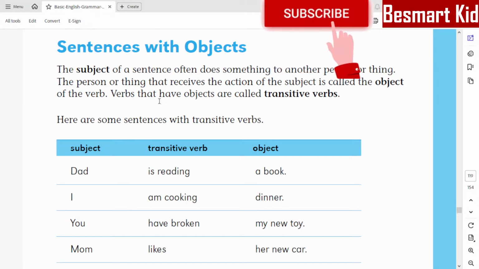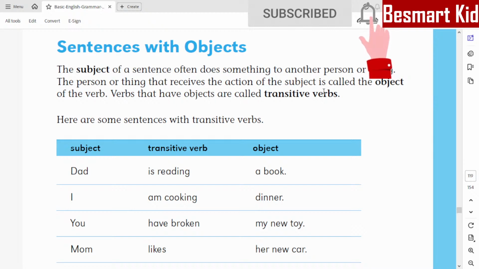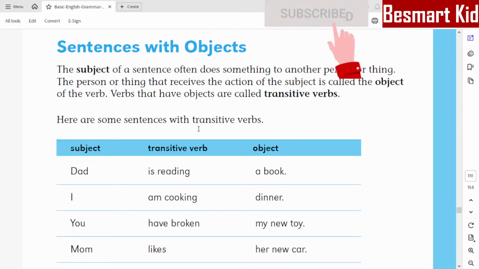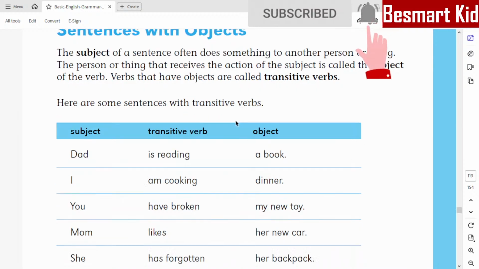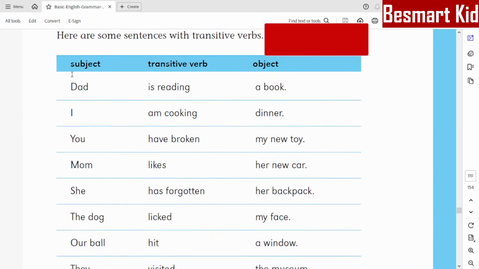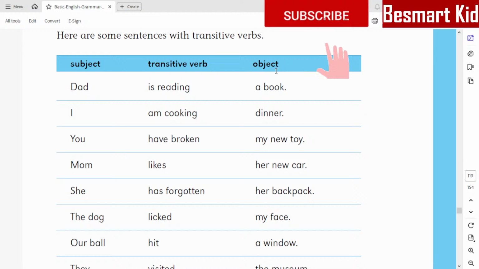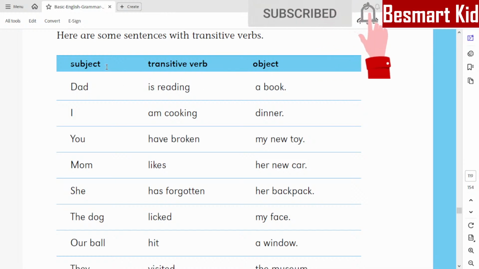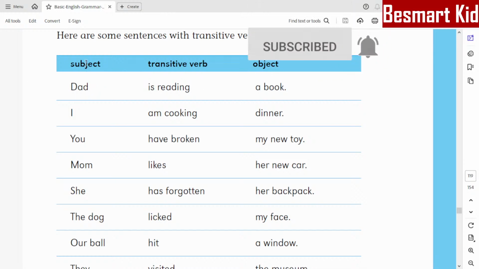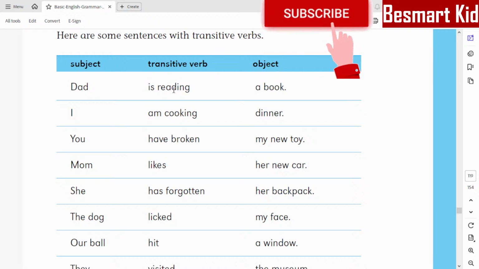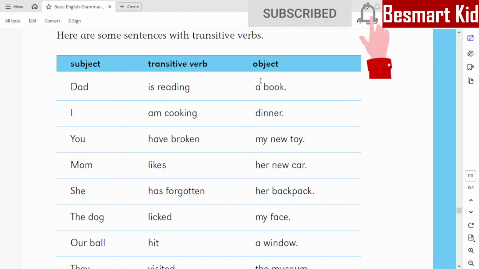Verbs that have objects are called transitive verbs. Here are some sentences with transitive verbs. First, we have the subject, in the middle we have the transitive verb, and last we have the object. So, Dad, subject, is reading, transitive verb, a book.